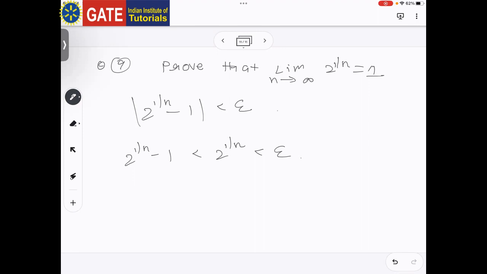Then we take log on both sides. So 1 by n ln 2 is lesser than ln epsilon. Then n is greater than ln 2 by ln epsilon. Fine.